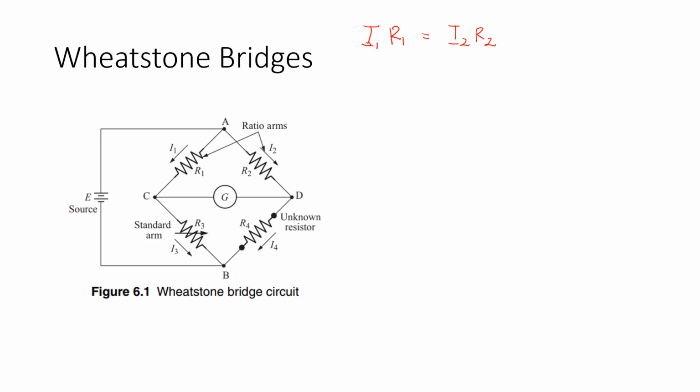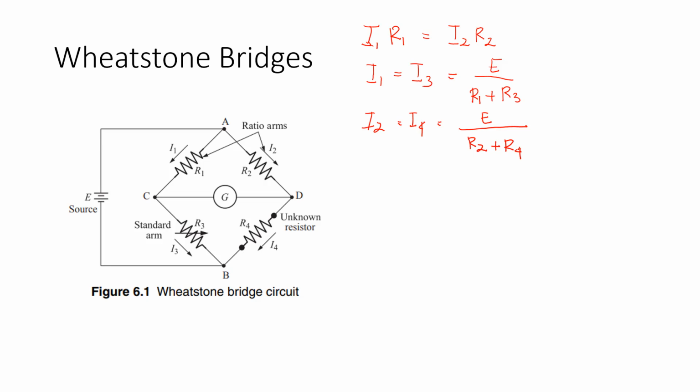We can see from this figure that I1 is equal to I3, so I3 is E per R1 plus R3, and I2 is equal to I4, that is E per R2 plus R4.